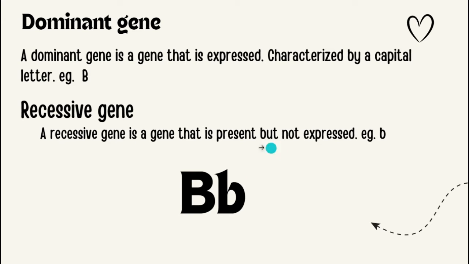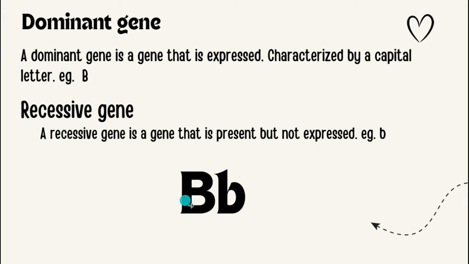So when they made me, I end up with a capital B and a little b. What do you think would be my hair color now? This codes for black hair, this codes for brown hair, and I get both of them.